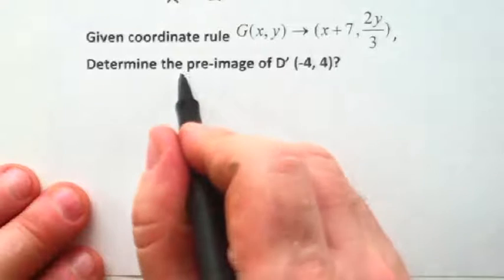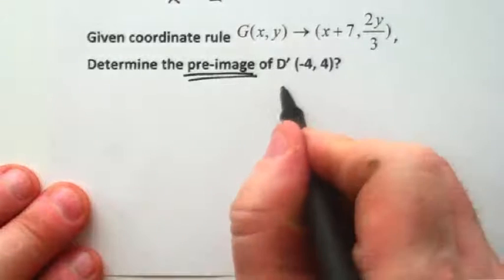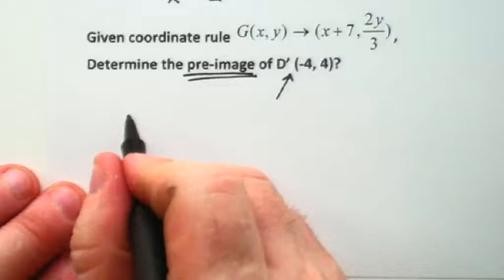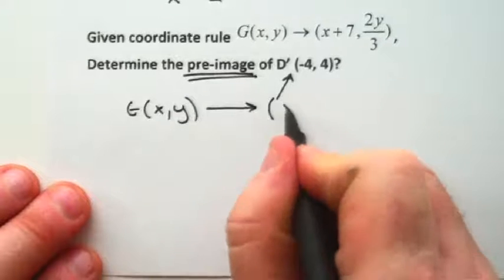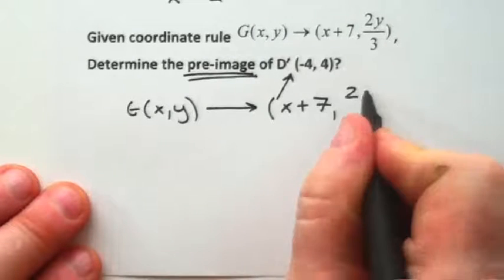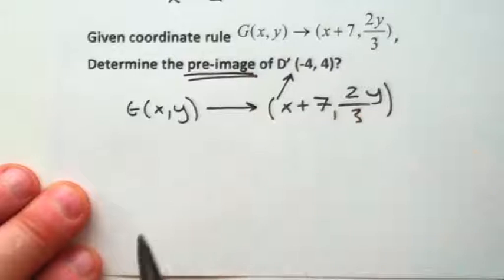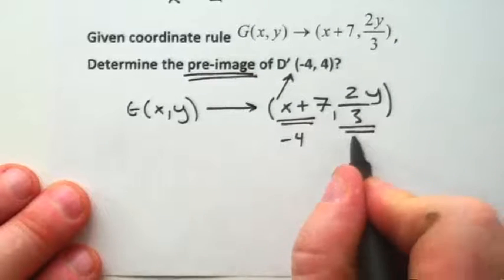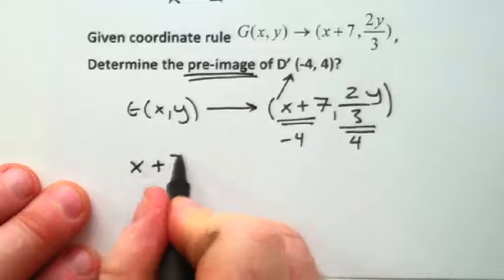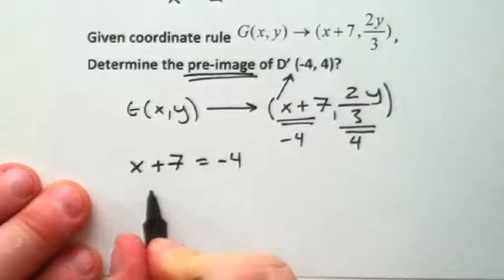Here again, it's asking for the pre-image of this. So again, here is our relationship, our coordinate rule. And basically what happened is this value turned into negative 4, this value turned into 4. So we want to solve those two situations.